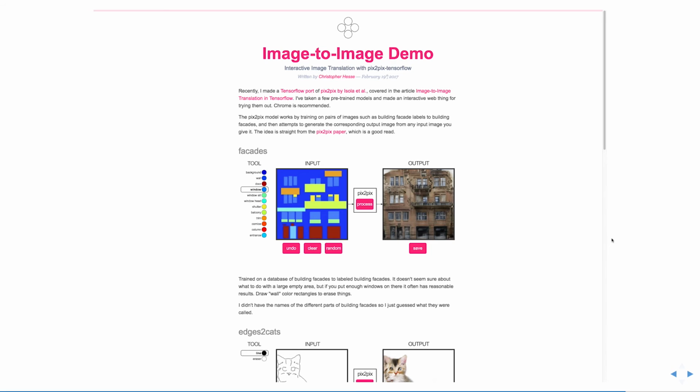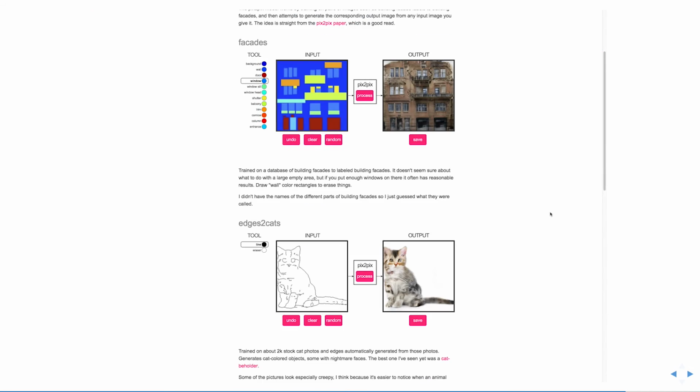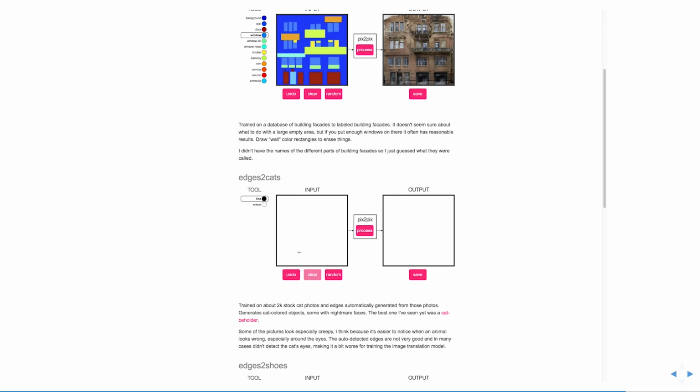Then this is image to image. This got really huge on Twitter the other day. You can basically draw a kitty, and the neural network will make some sort of attempt to make a cat. It takes a while sometimes. It might not work.